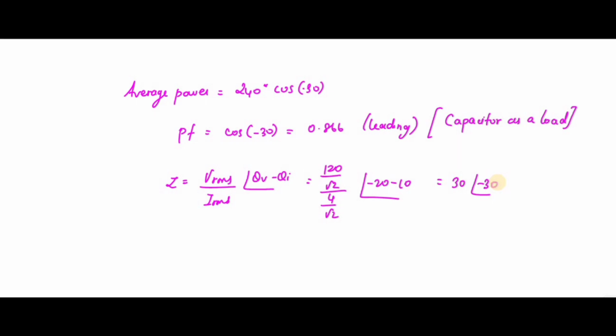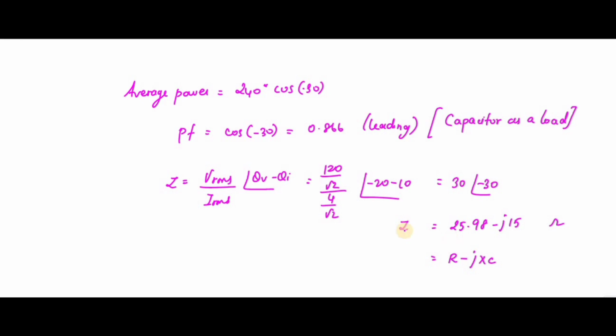So I can write this Z is equal to 25.98 minus j15, which is usually measured in ohm. So this is in the form of R minus jXC.